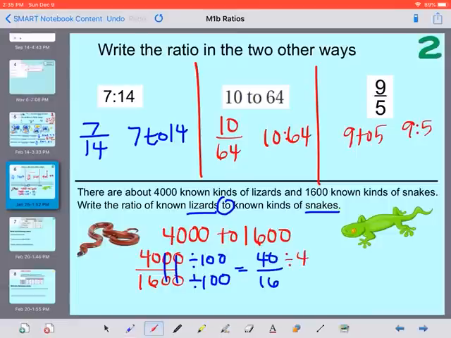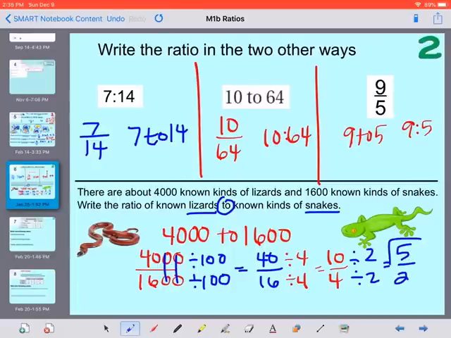I know these are both multiples of 4. 40 divided by 4 is 10. 16 divided by 4 is 4. And even further, dividing by 2, this is a review of simplifying fractions, we get 5/2. It doesn't say to simplify, so technically I would accept this as an answer. However, this would be the most simplified answer. 5/2, 5 to 2, or 5:2.